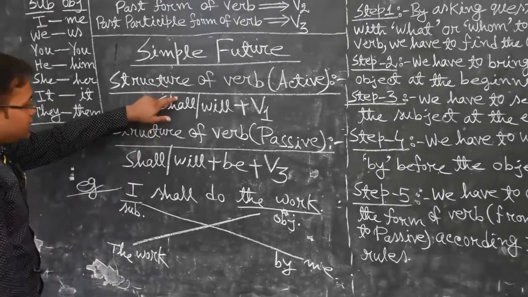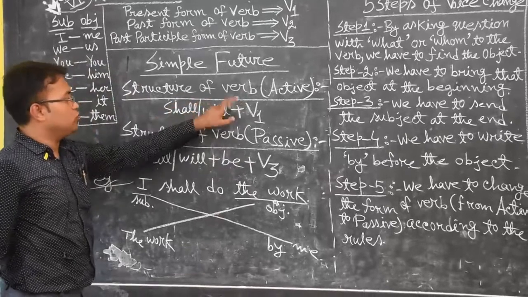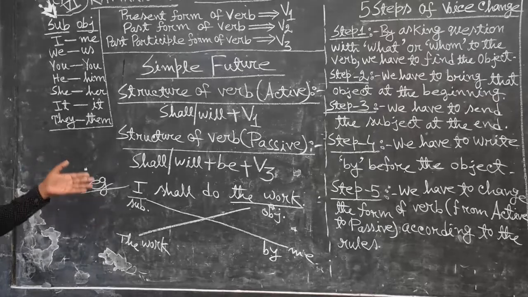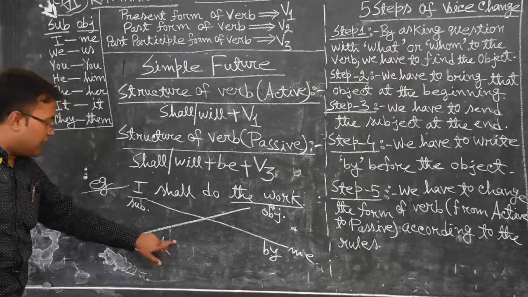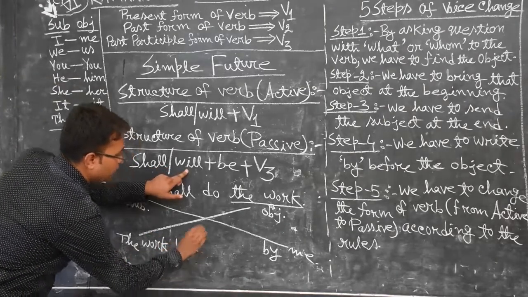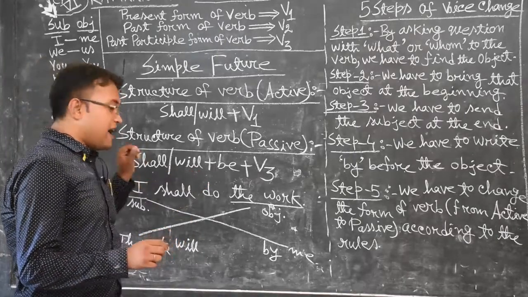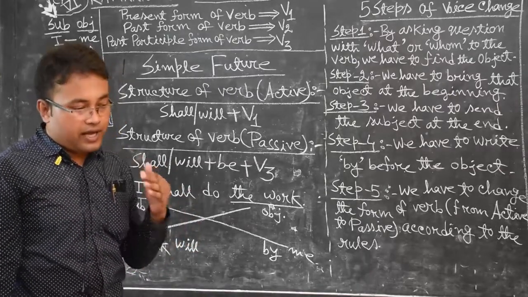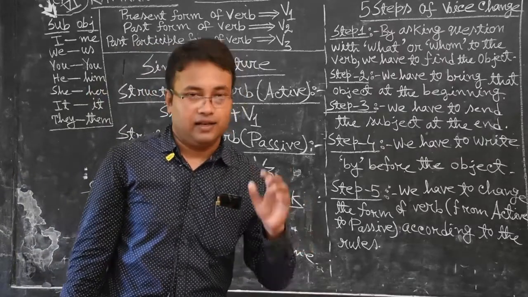Okay, let's see. I shall do the work. When I will turn it into passive voice, it will take will after work. The work will. We know that only after I and we do we write shall, and in other cases we will write will.